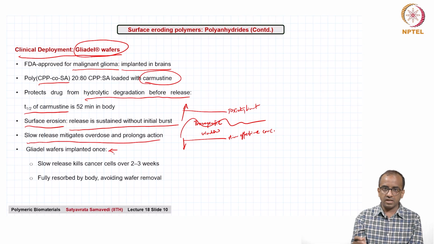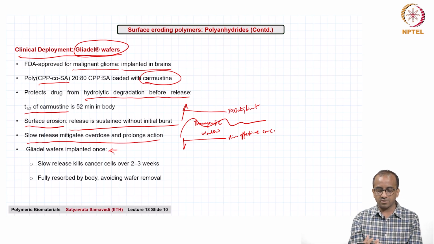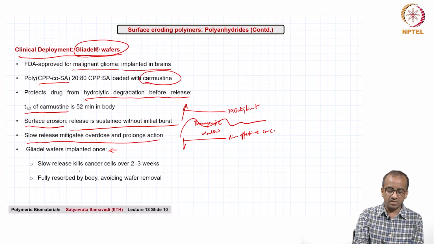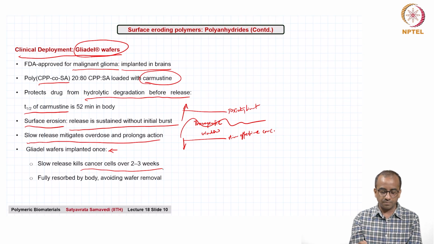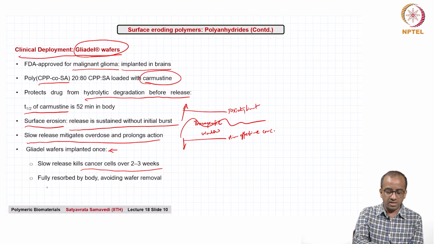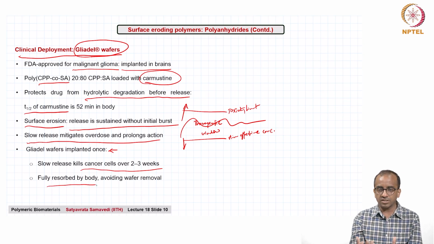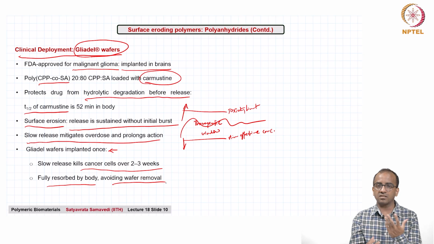Once the Gliadel wafers are implanted, typically following brain surgery for malignant glioma, before the surgeons close up the head, the slow release of this drug kills the cancer cells over a few weeks. And it is fully resorbed by the body, because the degradation products are simply diacids. It can be fully resorbed by the body, which avoids a second surgery for removal of the wafers.